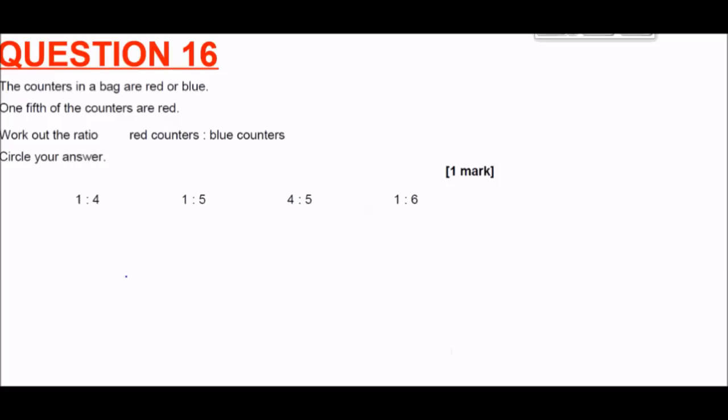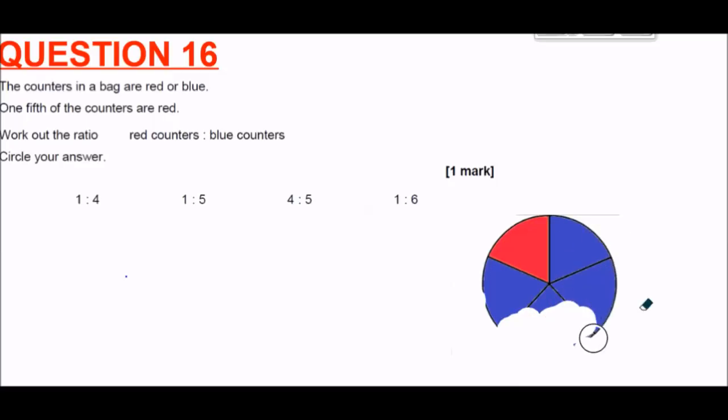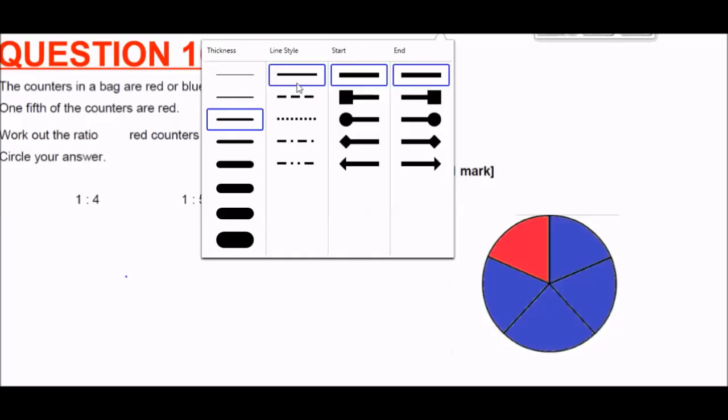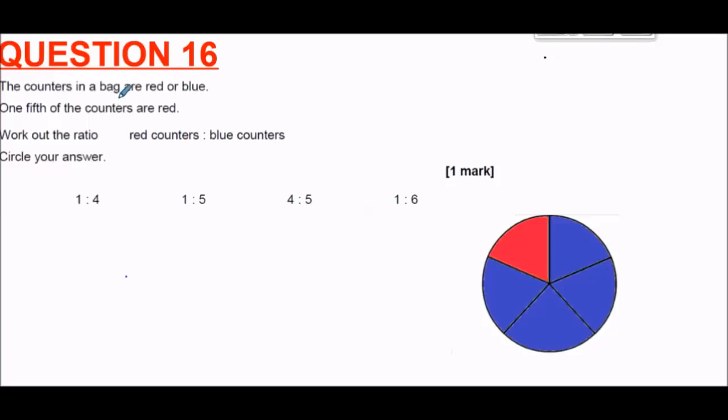So to help with this one, I've done a diagram over here just to try and illustrate the point. What I've got here is a circle representing the counters. We've got 1/5 which are red, other 4/5 which are blue.